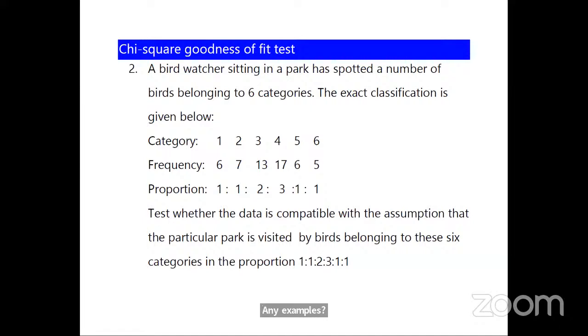When we have some pre-assumed values or proportions, and now by taking a sample, we are checking whether it is really like that or not. That is the case where we can use this chi-square goodness of fit test. Yes, anyone?